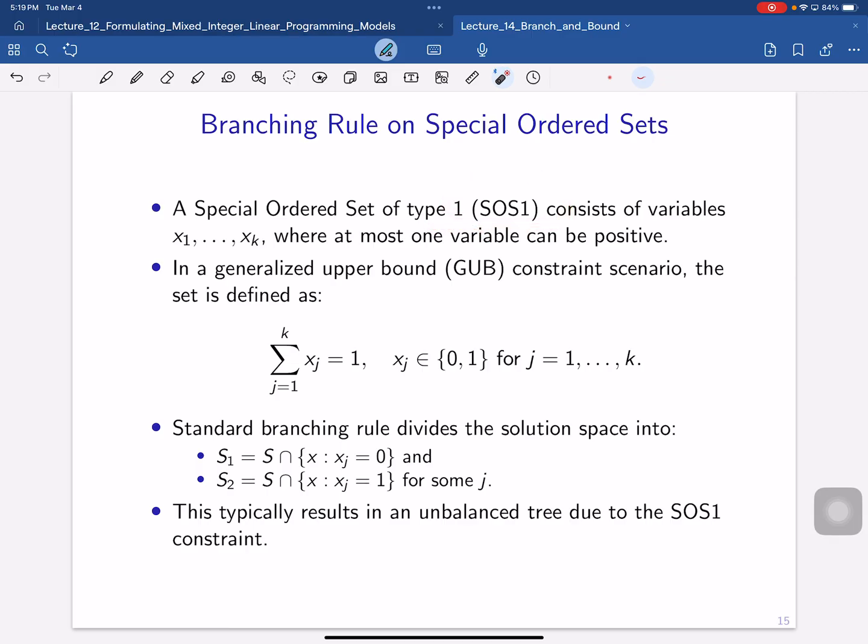The idea is if you have x_1 to x_K as the binary variables, a special ordered set means the summation of all the binary variables equals 1. Right? You will see this type of constraint very often in optimization problems. Can someone give me an example of when this special ordered set 1 is used?